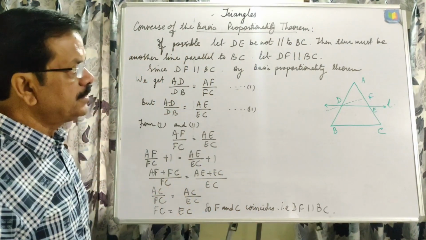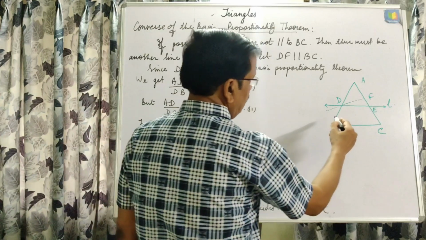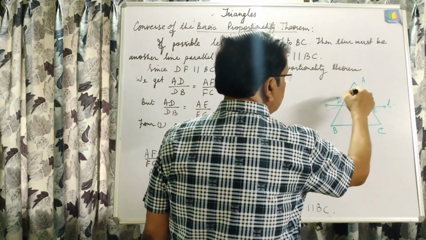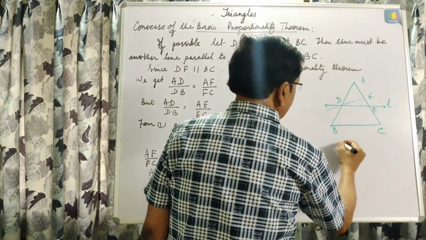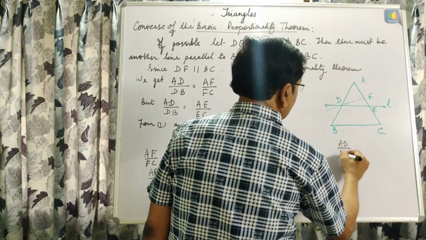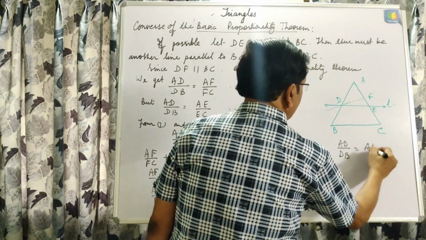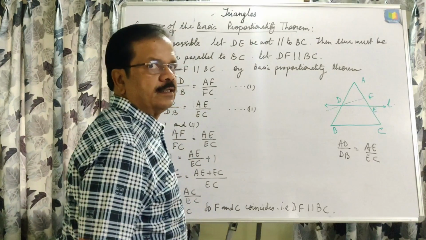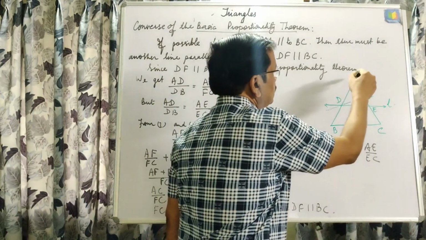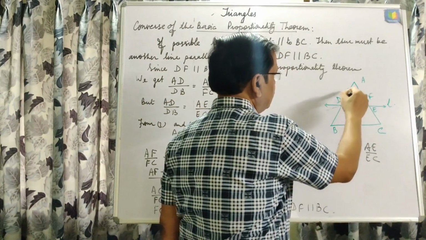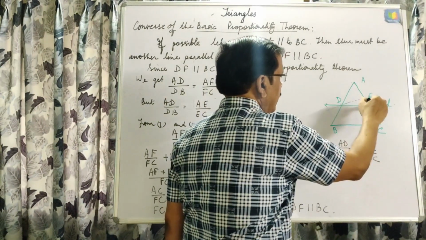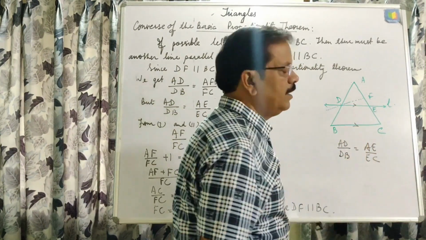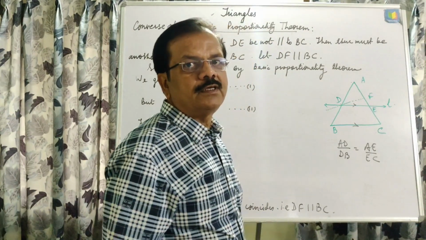This theorem states that if we draw a line which intersects any two sides of a triangle in the same ratio, means AD upon DB is equal to AE upon EC, if we draw any line to any two sides of a triangle in such a way that AD upon DB is equal to AE upon EC, then this line will be parallel to the third side of the triangle.